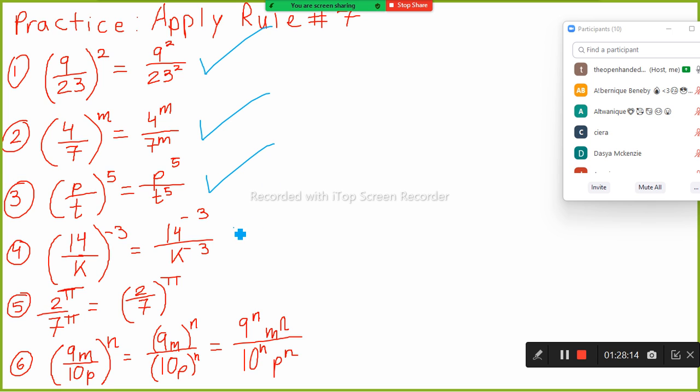Excuse me. Yes, ma'am. What if we got the first part of number 6 right, but we didn't do the second part? That's fine. The second part is a little extended part. I didn't ask for that. I only said apply rule 7. So that's fine.